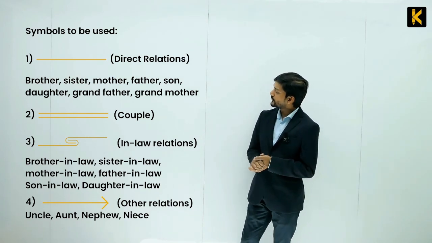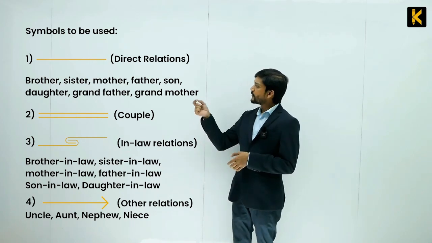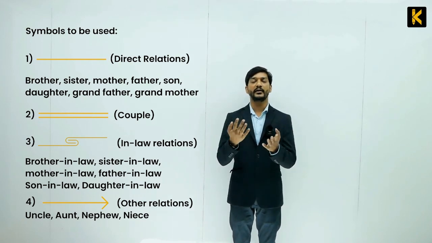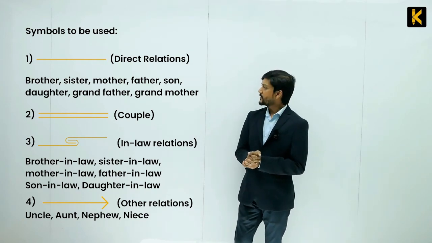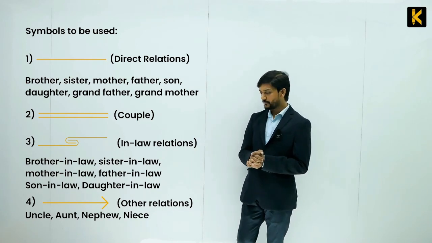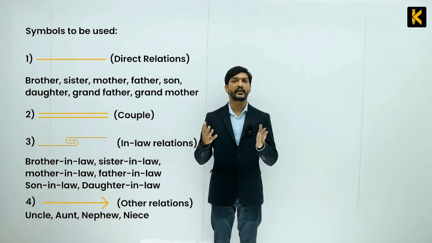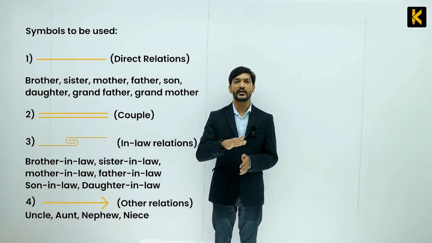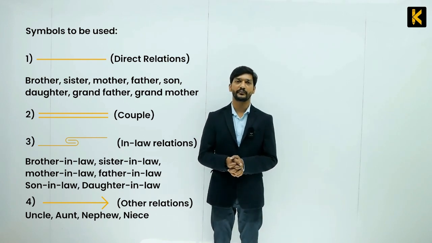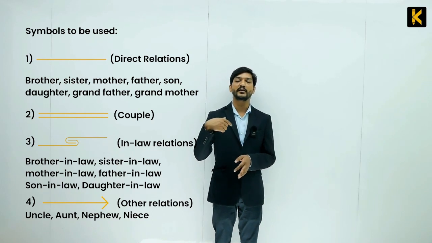That, sir, how this one symbol which you have taken, the first one, is taking care of so many relations? Sir, you have taken a single line. And that single line symbol is taking care of so many relations like mother, father, son, daughter, brother, sister, grandfather, grandmother. So how is it possible that one symbol is taking care of all?